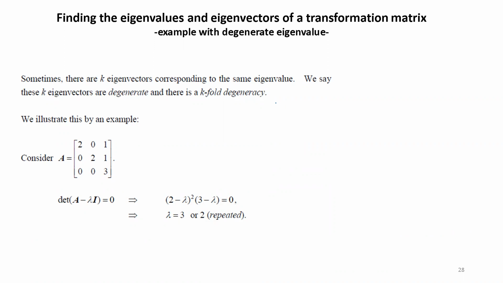So for lambda equals 3, if we plug this value back into the system, here we'll call the eigenvector this one. If we put lambda equals 3, then the system becomes this.